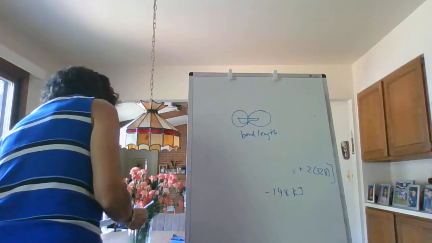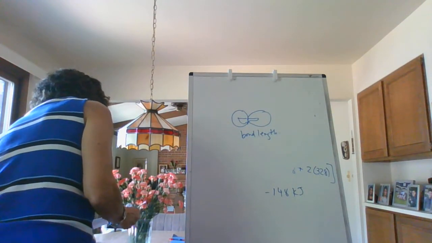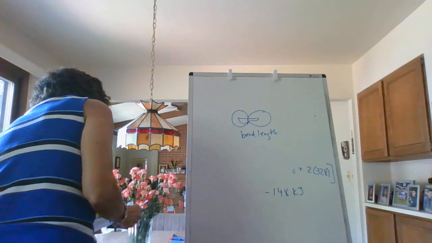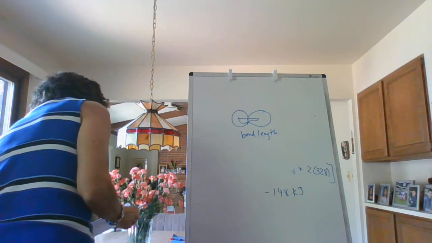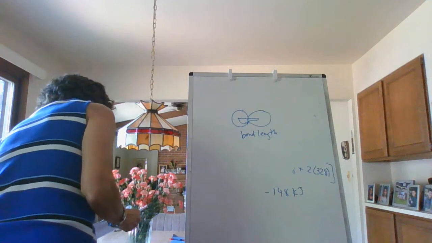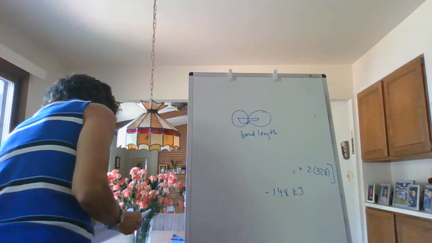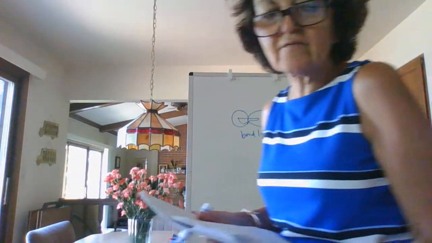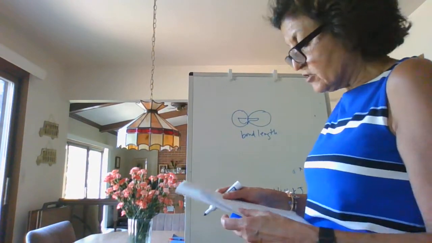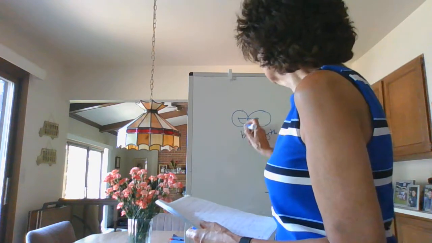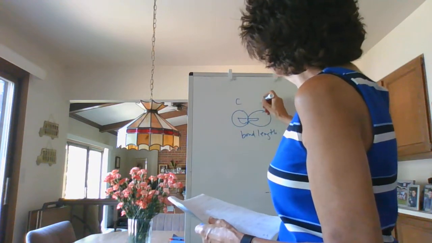Okay, so your book has some data on this. It's in one of the tables. I can't find it right now, but I know it's there somewhere, and they have it on OWL. But let me just tell you right here from my notes. The carbon, let's say this is a carbon and this is a chlorine.